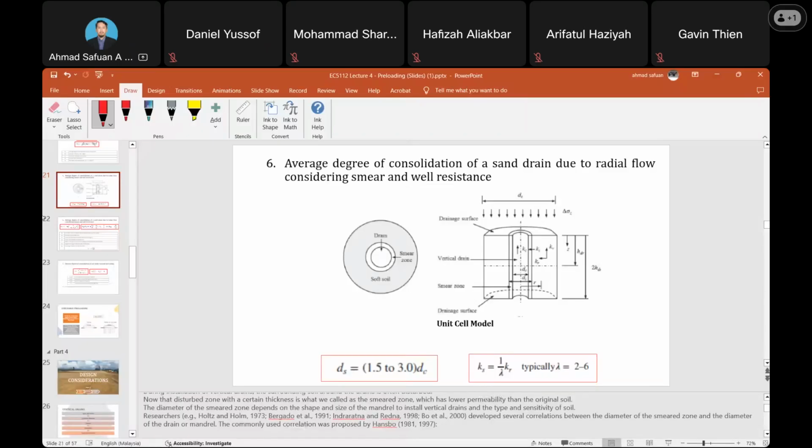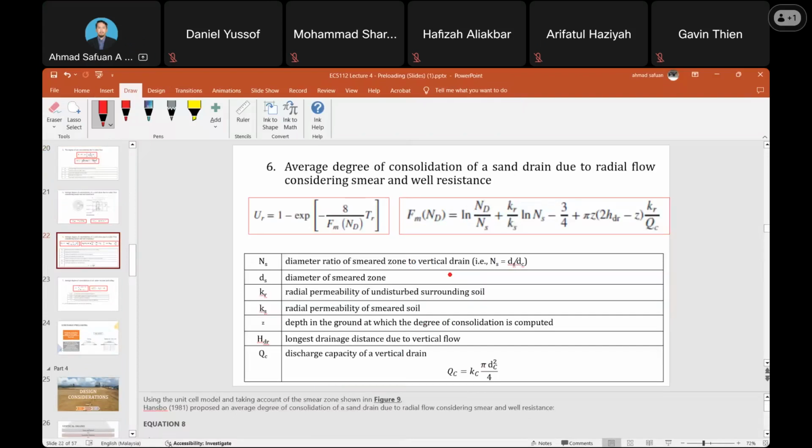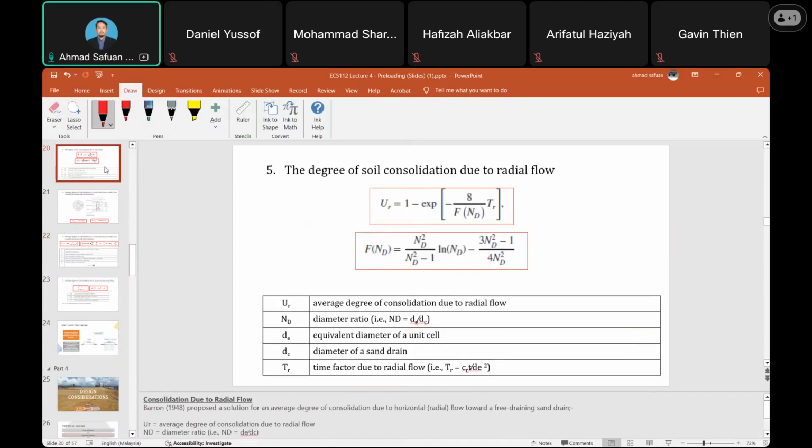So this is the proof, when we include the smear and well resistance effect. The previous one does not include the issue from the mandrel.